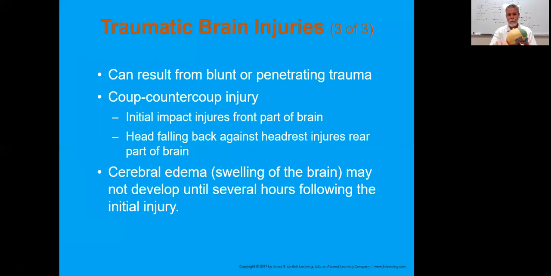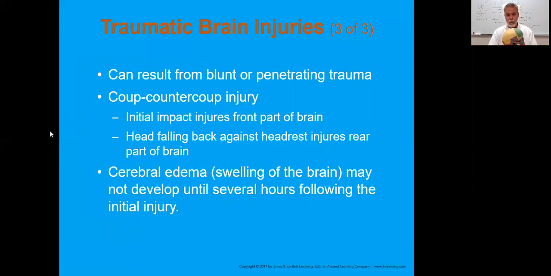And here's some other things on the coup contrecoup. Again, initial impact on the front part of the brain, but then when the head falls back against the headrest, does that cause a shifting of the brain as well? Anyone involved in that certain type of mechanism, this is our suspicion for them.